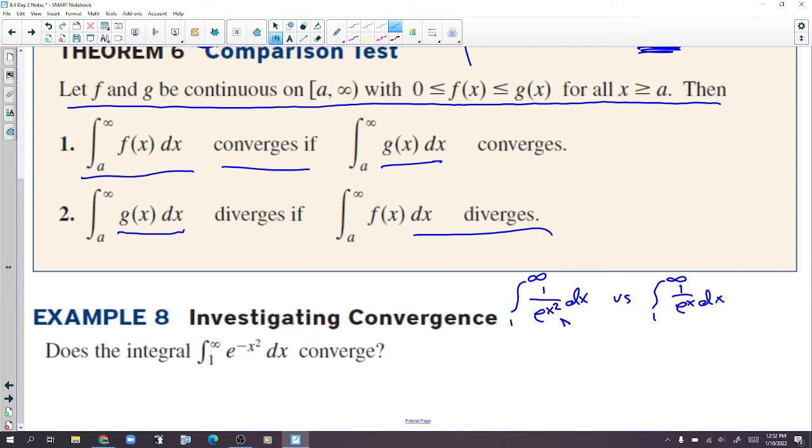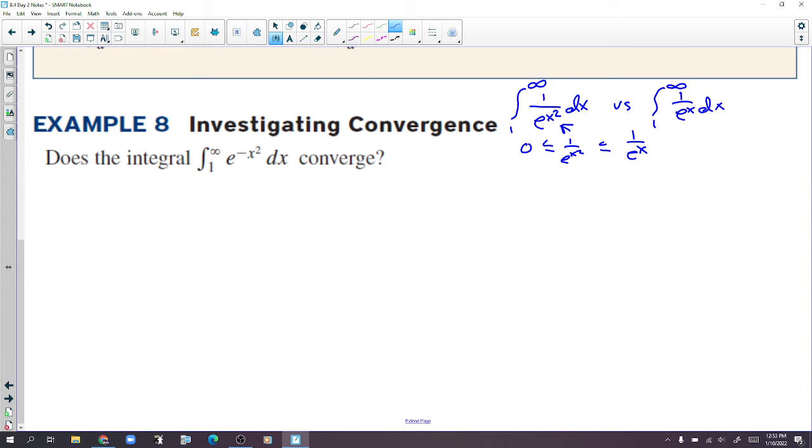A bigger denominator means a smaller fraction. So we know that 1 over e to the x squared is less than or equal to 1 over e to the x. A bigger denominator creates a smaller fraction. Well, now we just have to show that this converges, which means the other will converge.